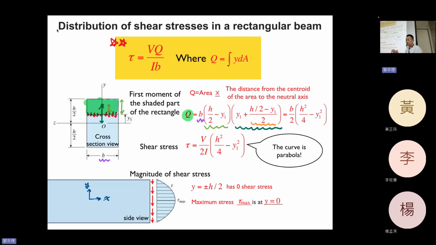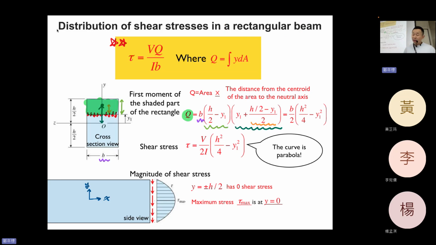This is really important. After this, you can calculate every problem in chapter 5. Congratulations. The limitation of this formula is that we focus on rectangular sections.